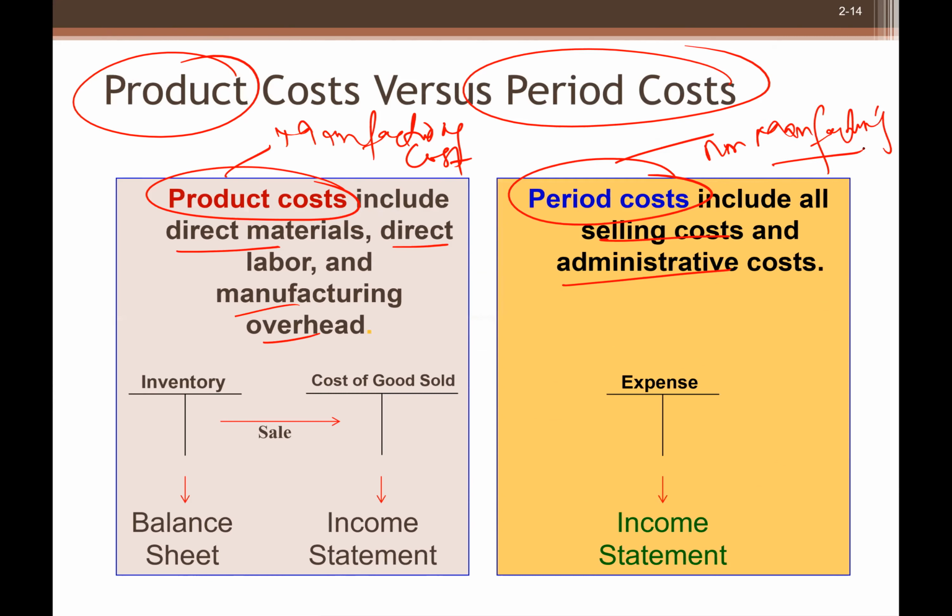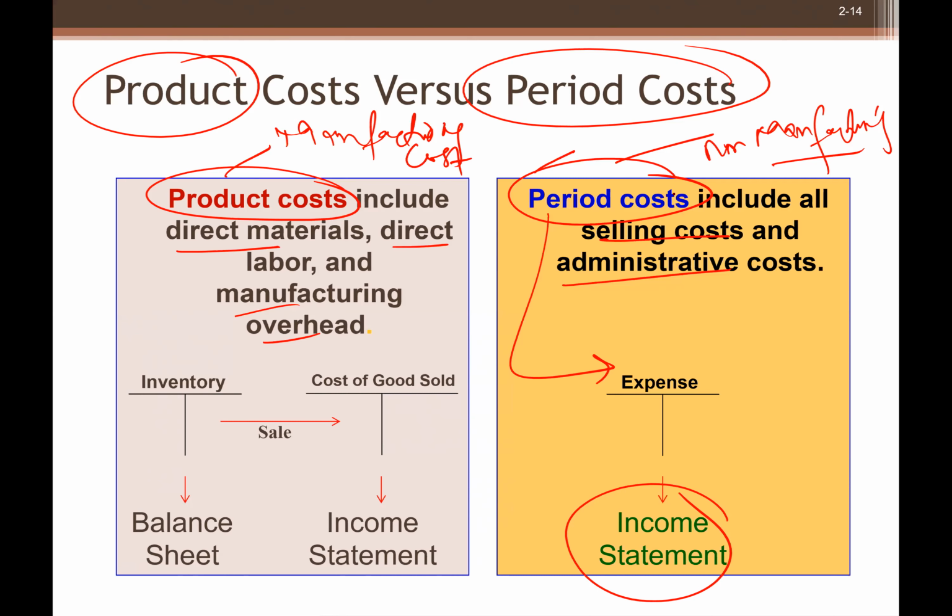If you see the accounting treatment, it's like that. The period cost will always be expensed, which means it will go to the income statement. For those who are coming right after our accounting class, it's easy to understand that expenses belong to the income statement.